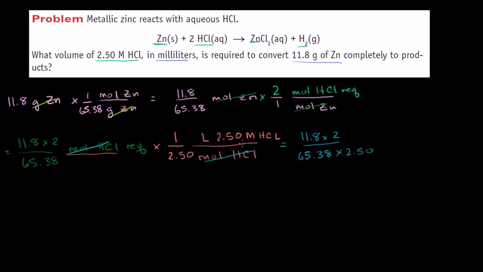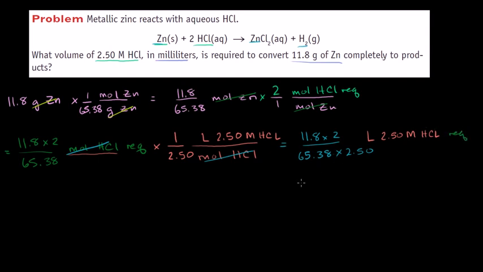And all we're left with in our units is liters of 2.50 molar HCl solution.